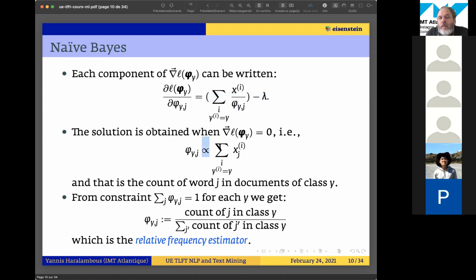And this lambda is not important. What I retain is the fact that they are proportional. So in fact, phi yj is proportional to this thing. Now, what is this thing?